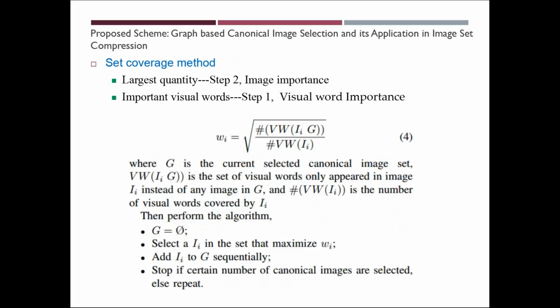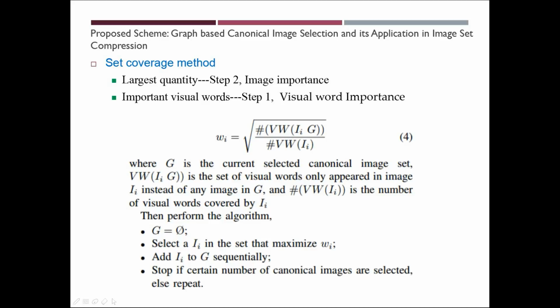The third step is the set coverage method. As we explained before, in step 2, we use image importance to find the largest quantity, and in step 1, we use the visual word importance to find the most important visual words.